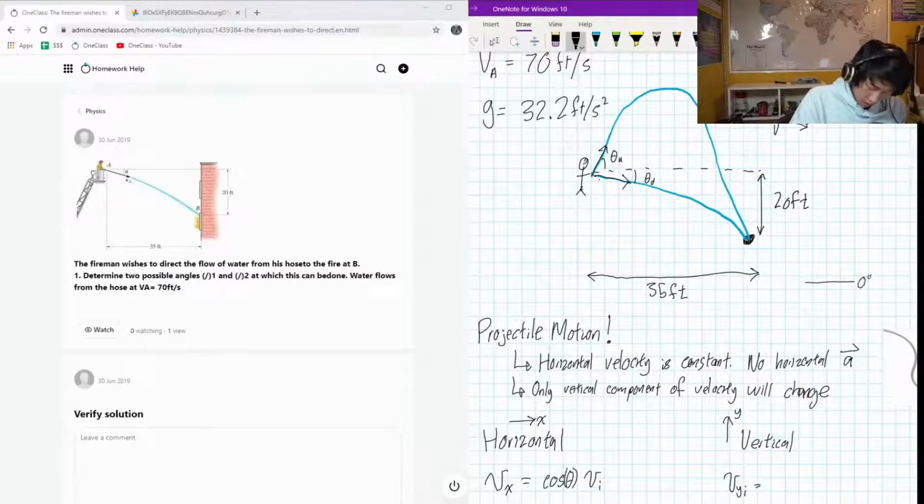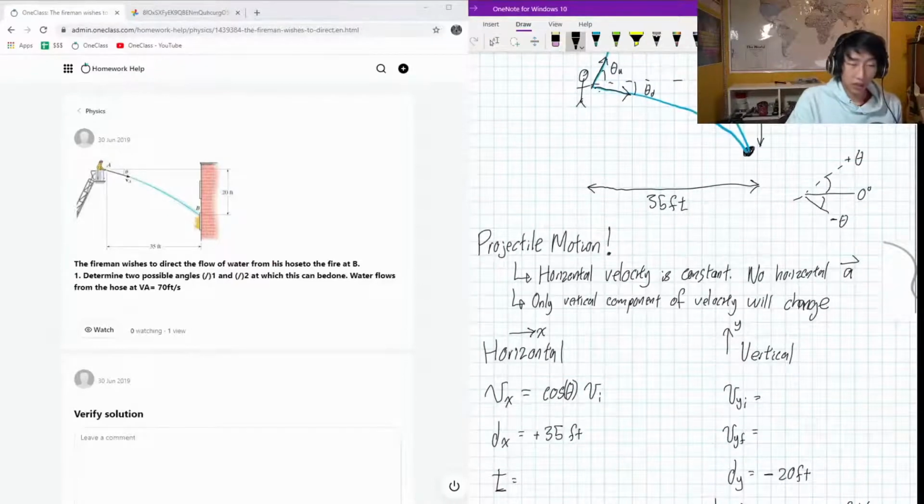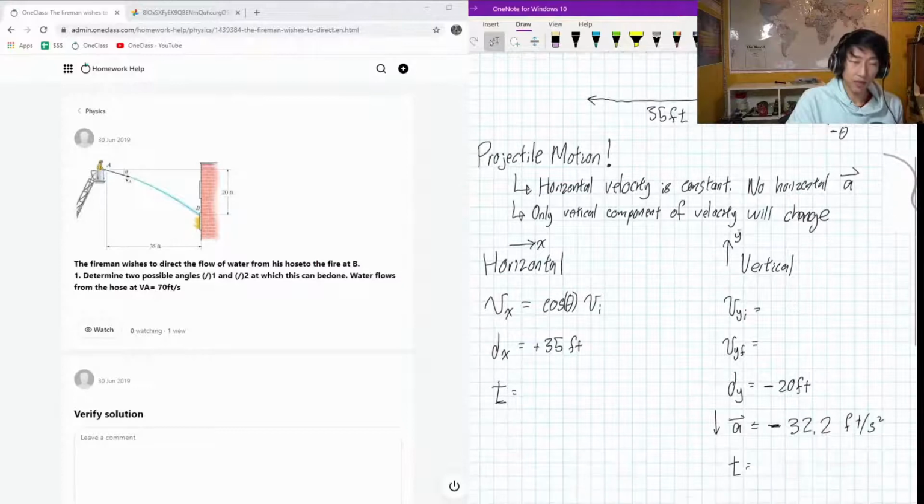So here is 0 degrees, and here is positive theta, and here is negative theta. We'll just need to keep things in mind with the signs and make sure that they agree with our convention here. So for y, it is going to be sine theta Vi.